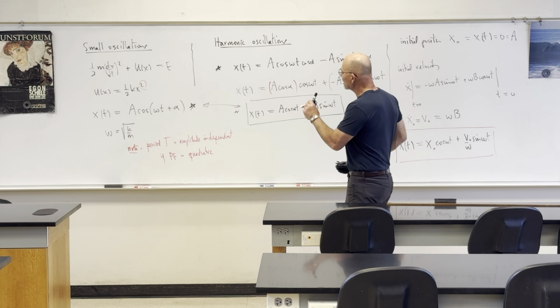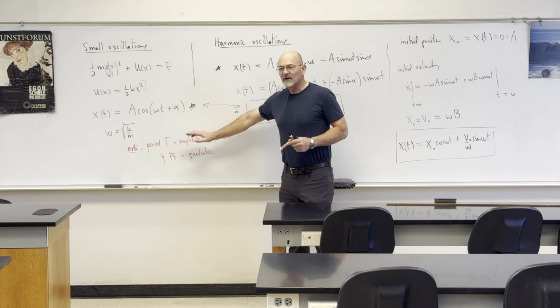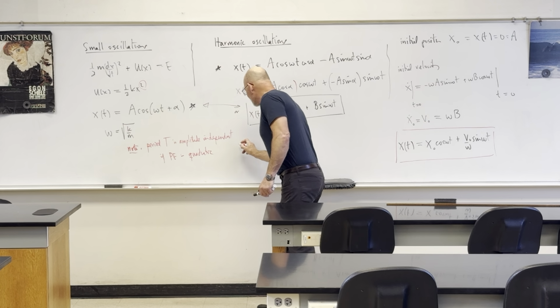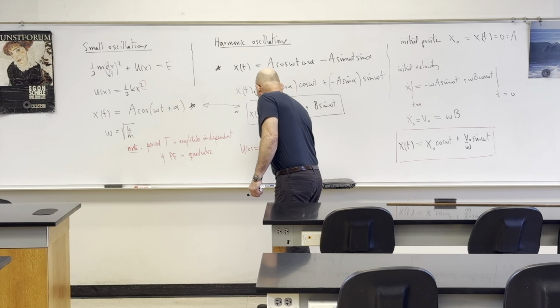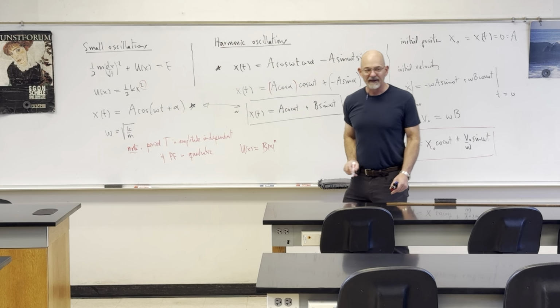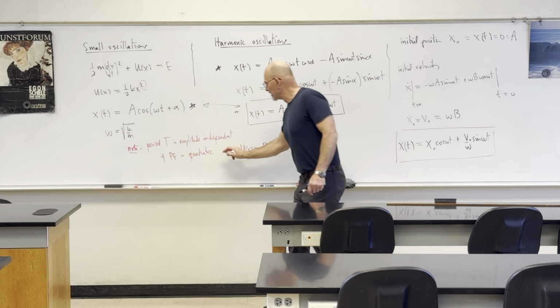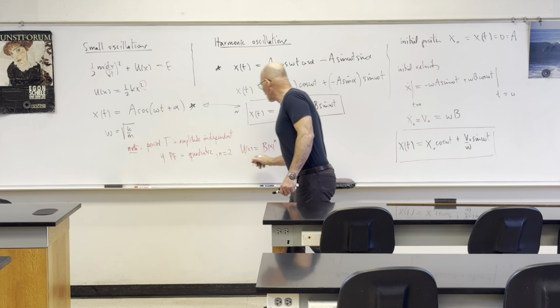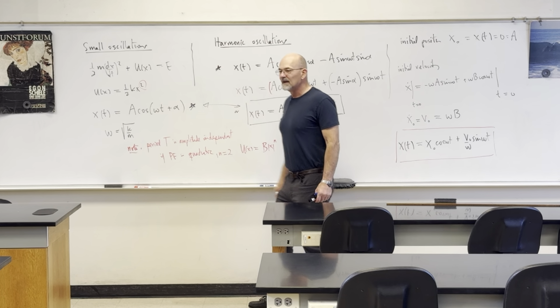Okay, good. So we're talking about the energy. I'll mention that as well. I'll just put this here as a reminder. Remember we had u of x equals b x to the n, right? That's what I'm referring to. Only when n was equal to 2 did we have that amplitude independent period.